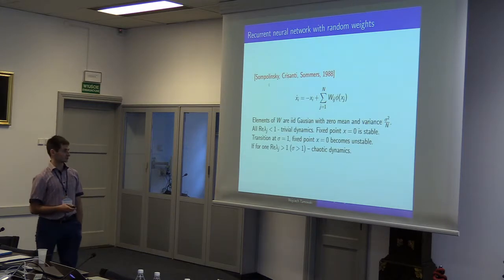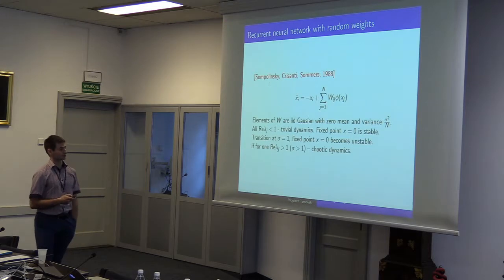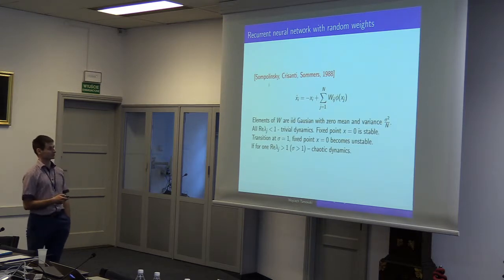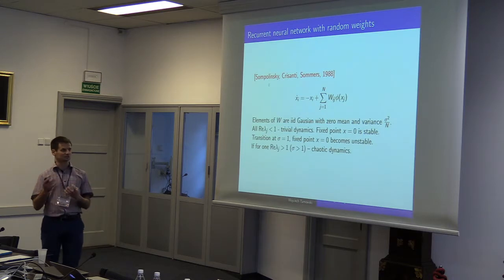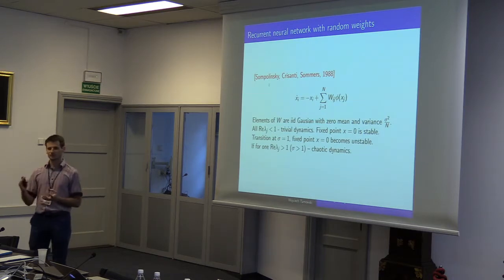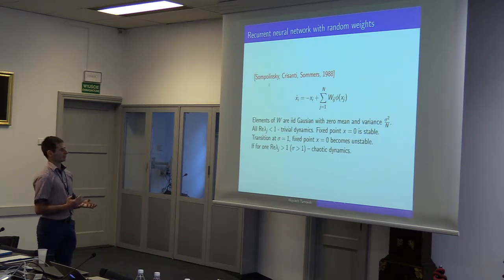And they discovered that if all the eigenvalues of this weight matrix have a real part smaller than 1, then the dynamics of the network is trivial because the activity, the values of x, very quickly go to 0.